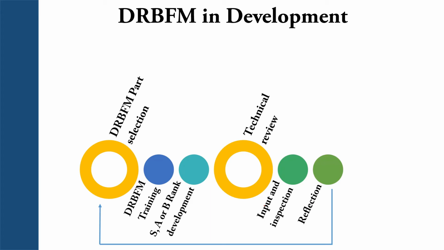So you can say this change is rank A, rank B, rank C. It's mainly saying this is a change with a high possibility of failure, low possibility of failure, and that kind of mindset. Then you do the technical review, as we said, design review, sitting with the experts and getting their inputs. So you have inputs and inspections and eventually reflection.